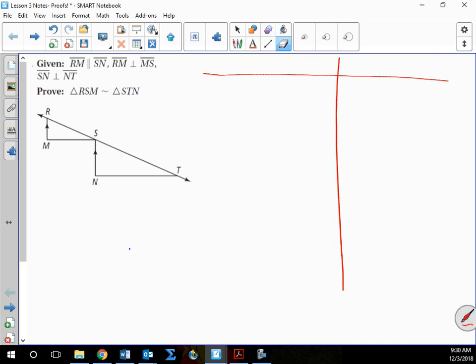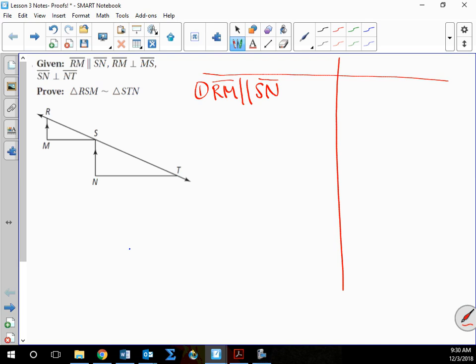Alright, let's go ahead and talk about this. They gave us that RM and SN are parallel. So we have this set of parallel lines, and then we have 2 sets of perpendicular lines.